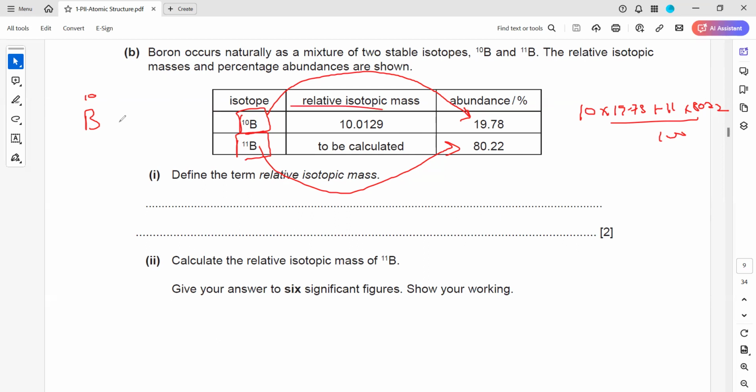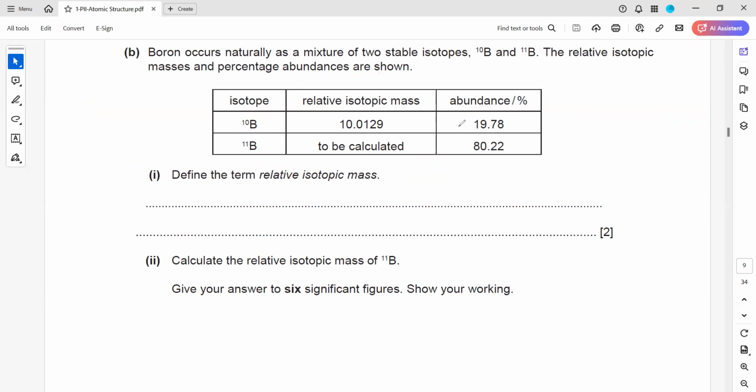So that will give us an average mass of the two isotopes. And from the average mass of the two isotopes, we use the same formula again, substituting the known isotopic mass, and find the isotopic mass of the other isotope of boron. Is this example clear?